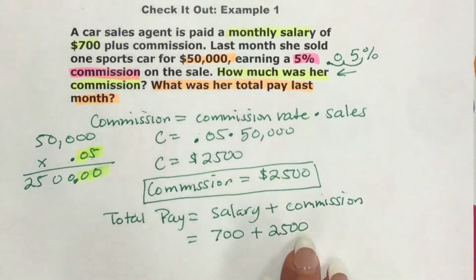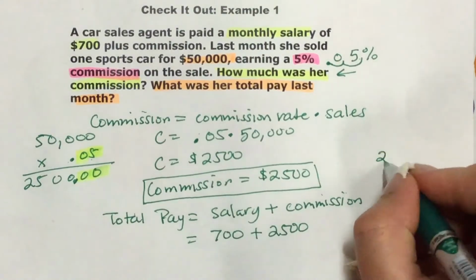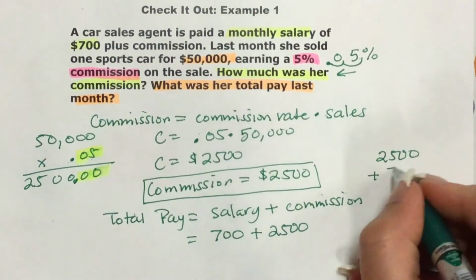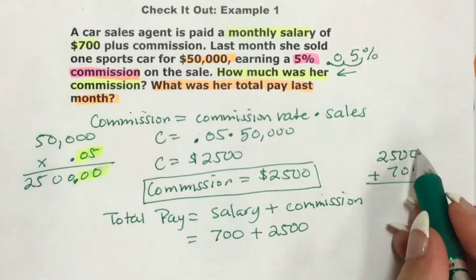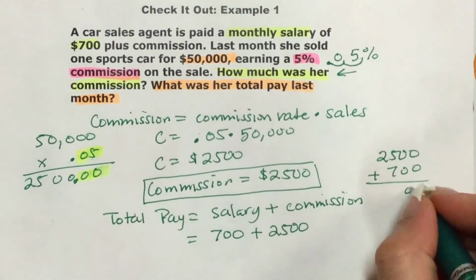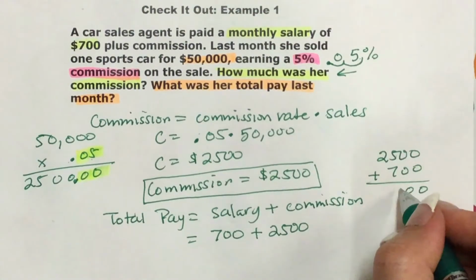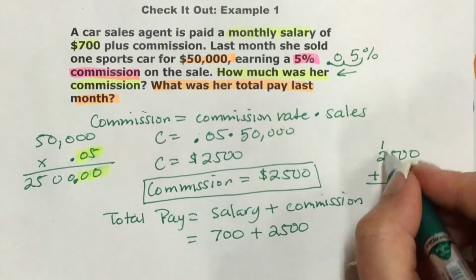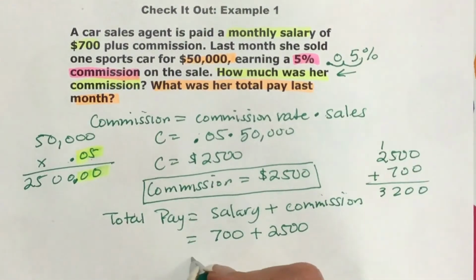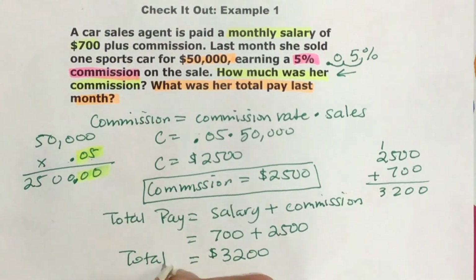And we just add these two things together. So I'm going to do that off to the side. $2,500 plus $700. We add those. 0 plus 0 is 0, 0 plus 0 is 0, 5 plus 7 is 12. Write the 2, carry the 1, and then we have 2 plus 1, which is 3. So that means that the total pay ended up being $3,200. Total pay. There you go.